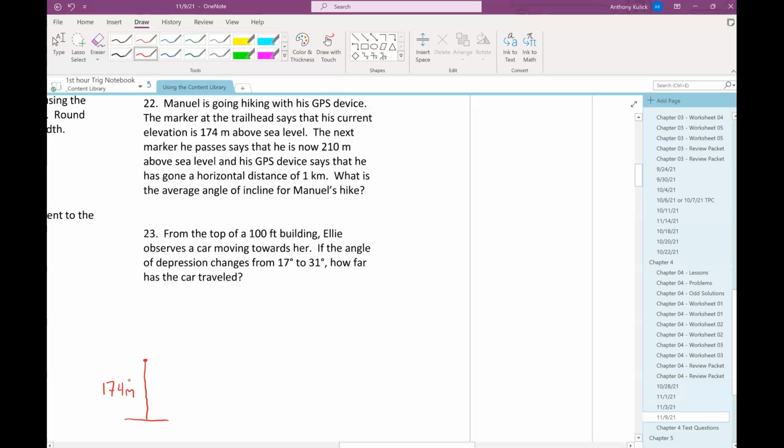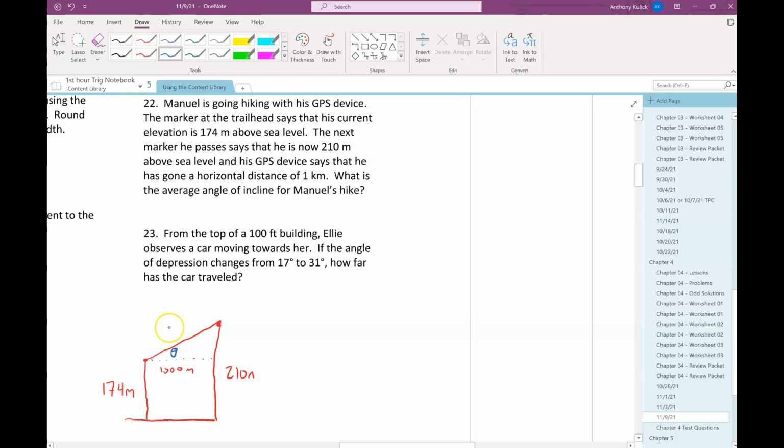The next marker he passes says he is now 210 above sea level. And his GPS says he's gone a horizontal distance of 1 kilometer. I'm going to write that as 1,000 meters so the units are all the same for everything. What is the average angle of incline for his hike?